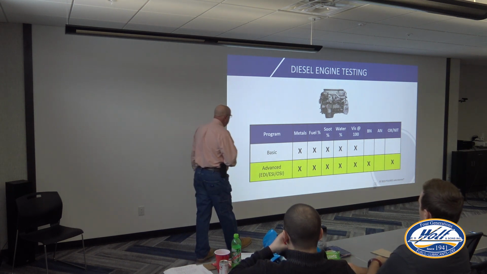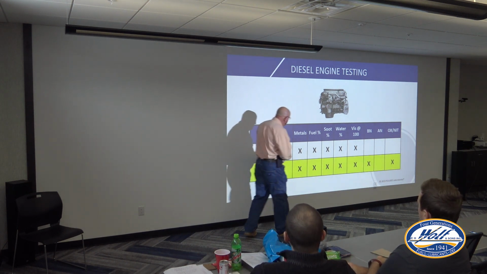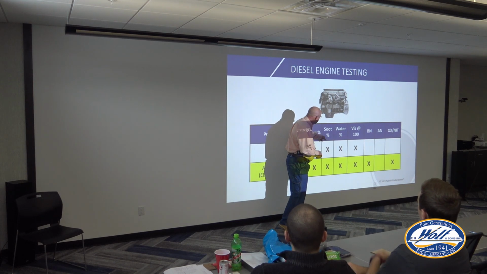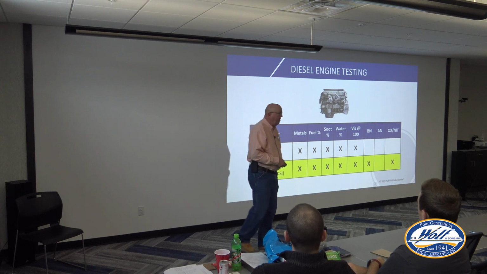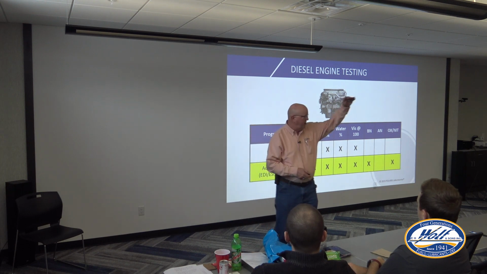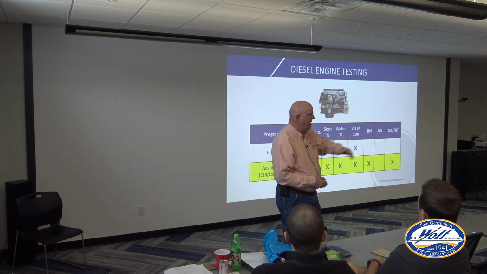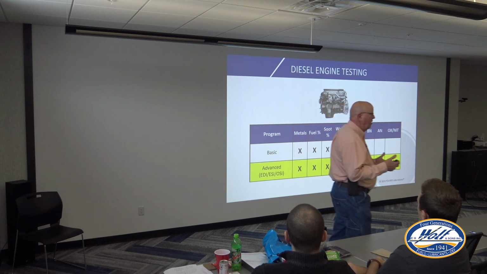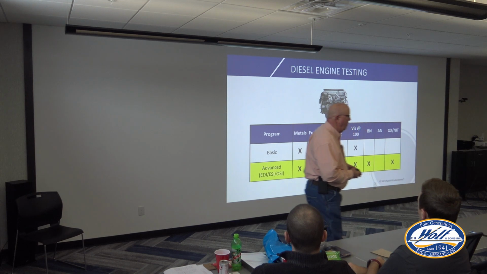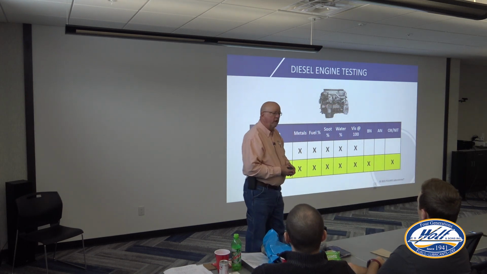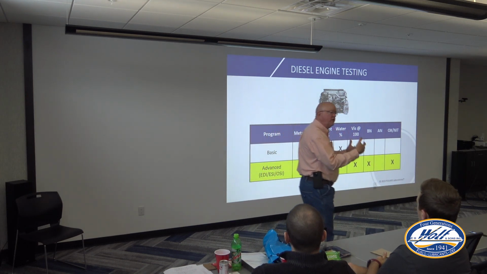Metals, water, and viscosity. And then for the engine, we're going to do fuel and soot because we know that's going to affect the viscosity. And then we're going to do a base number. Why do we run base number? Because we want to see where it starts and where it's at, and that's going to tell us the additive level. It tells you how much has been used, how much is left.